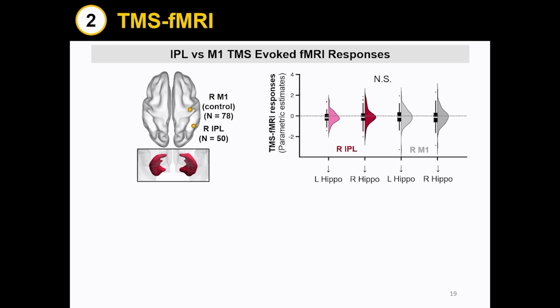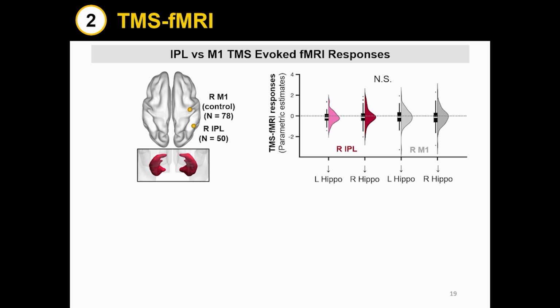And we also delivered the TMS to the right M1 as a control. As expected, on the group level, we didn't observe significant responses in the hippocampus when delivering the TMS to the right IPL.